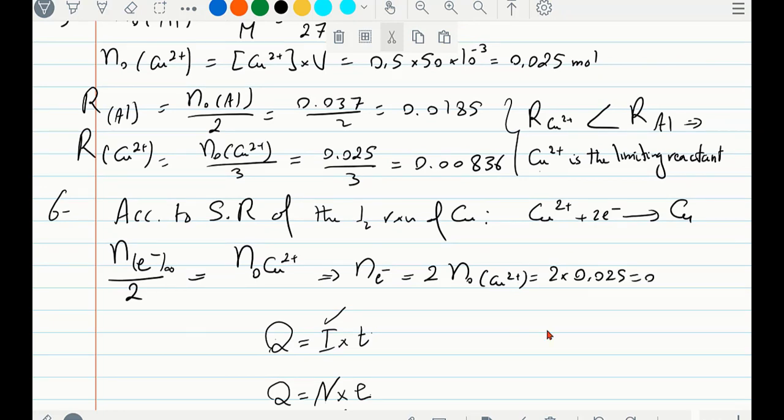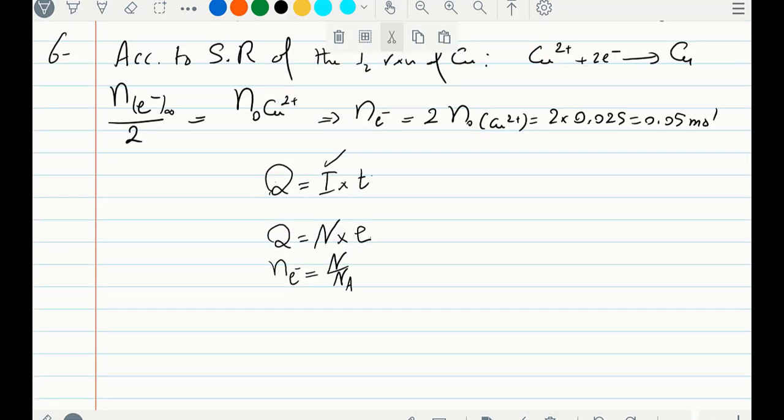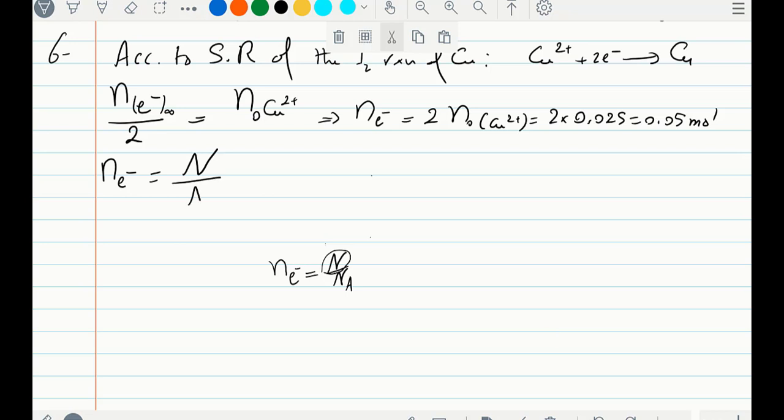equals 2 times 0.025 equals 0.05 mole. Now, the second step, we should calculate the number of electrons from the number of moles of electrons. The number of moles of electrons equals the number of electrons over Na. Then the number of electrons equals the number of moles times Na.